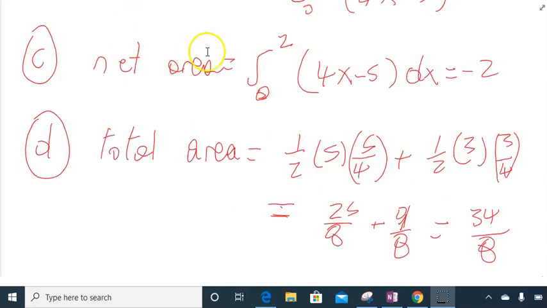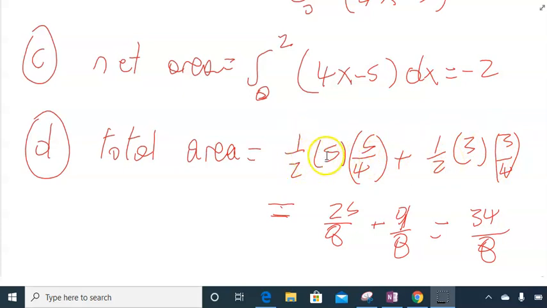Our net area is our definite integral, and that's the integral from 0 to 2, which we calculated, of 4x minus 5 dx, which is equal to -2. The total area is equal to the area of one triangle plus the area of the other triangle.